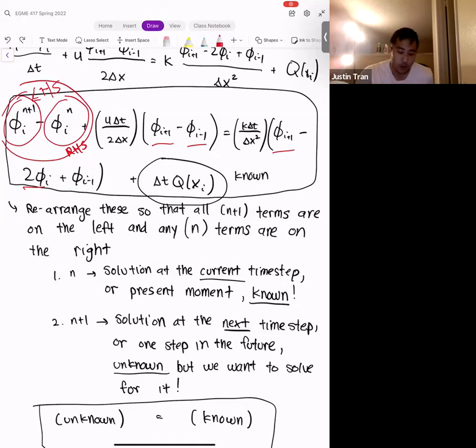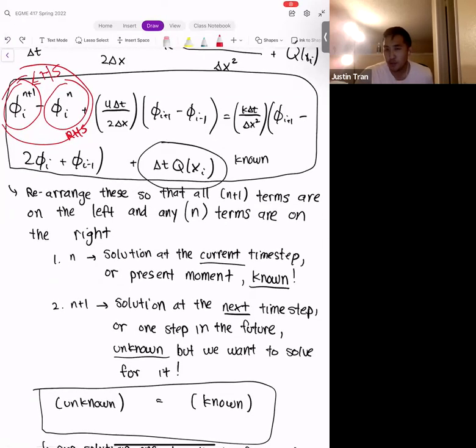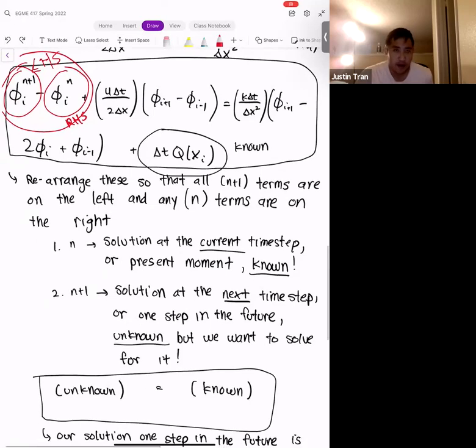Right now we don't really know what to do with them, because they haven't been assigned a time index yet. The question is, what is the proper time index to specify for these quantities? It depends, and you can change it up depending on what kind of method you want. In fact, what you assign for these phi values is going to determine which time marching scheme you're going to use.